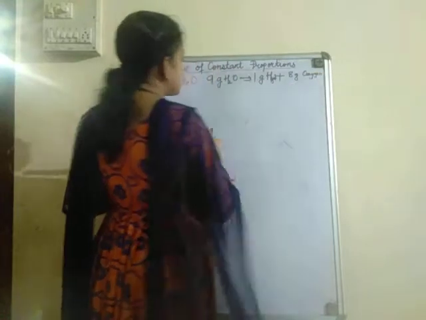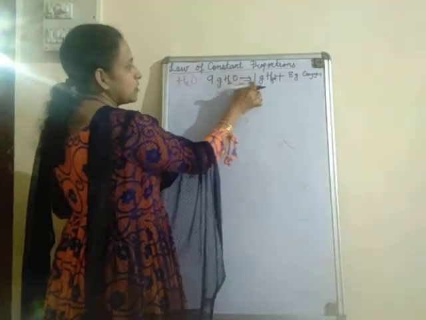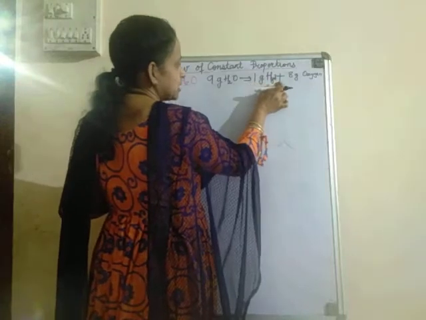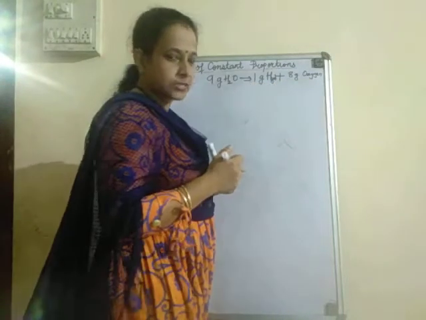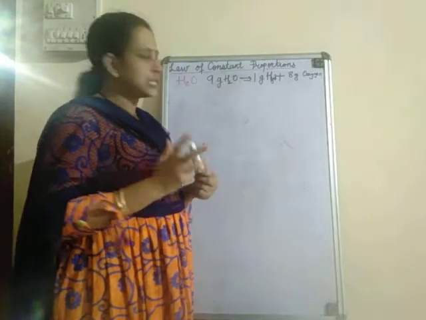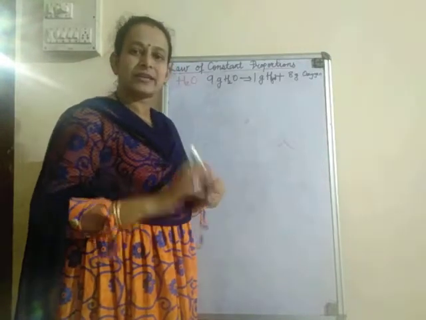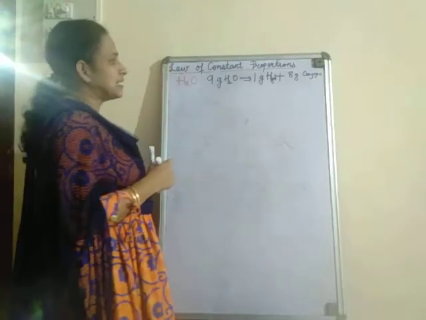So remember students, when we take 9 grams of water, it will always have 1 gram of hydrogen and 8 grams of oxygen. It has to satisfy the constant proportion, that is 1:8, because it cannot be other than 1:8.